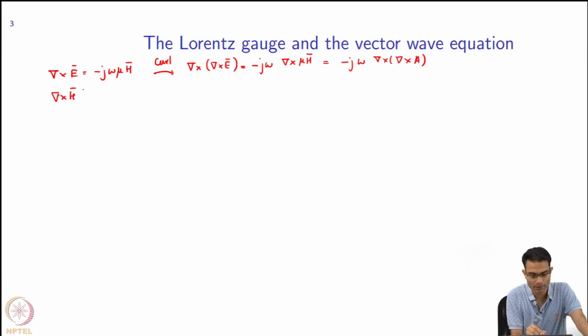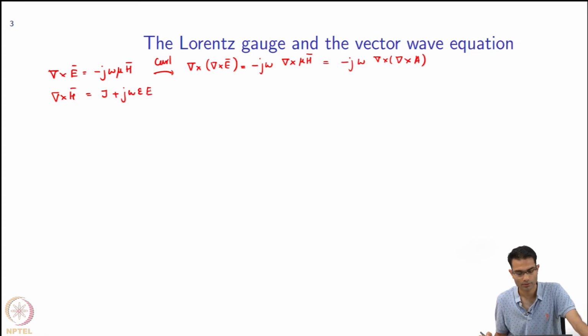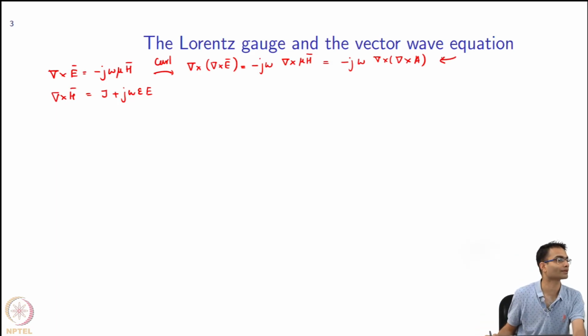So curl of h, remember we have j plus j omega epsilon e. Okay. So then what? So this is taking us to one route where possibly we will have to apply the vector calculus identity to E itself. This was equation, the route for equation 1.